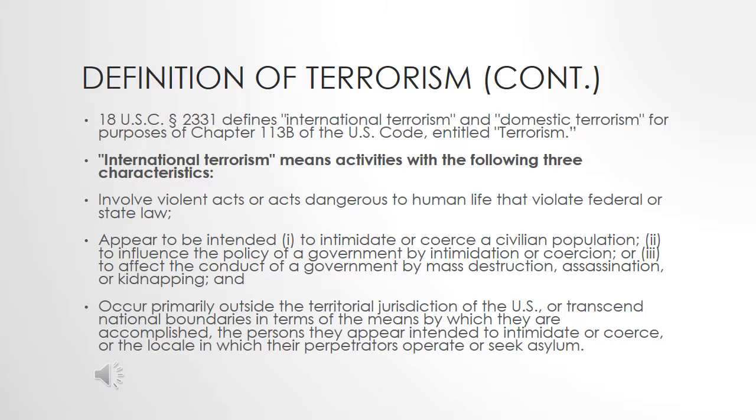International terrorism means activities with the following three characteristics: involve violent acts or acts dangerous to human life that violate federal or state law; appear to be intended to intimidate or coerce the civilian population, to influence the policy of a government by intimidation or coercion, or to affect the conduct of a government by mass destruction, assassination, or kidnapping; and occur primarily outside the territorial jurisdiction of the United States or transcend national boundaries in terms of the means by which they are accomplished, the persons they appear intended to intimidate or coerce, or the locale in which their perpetrators operate or seek asylum.